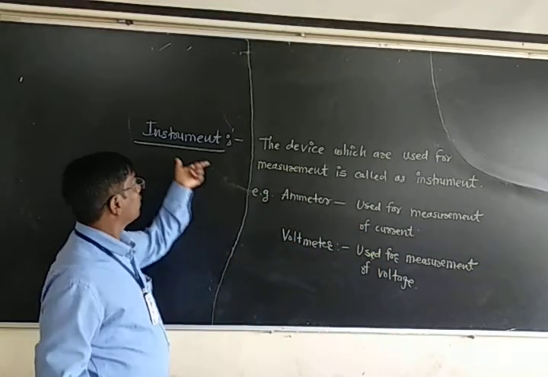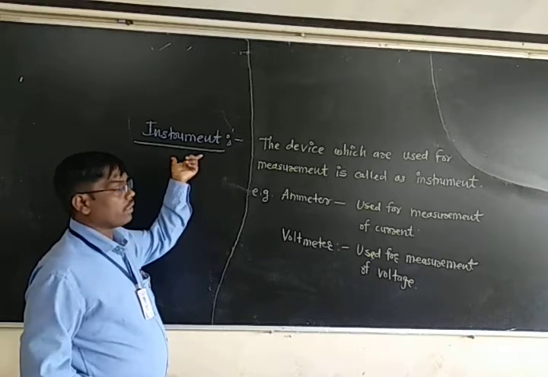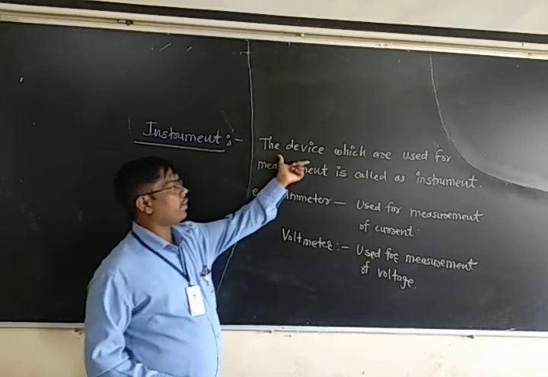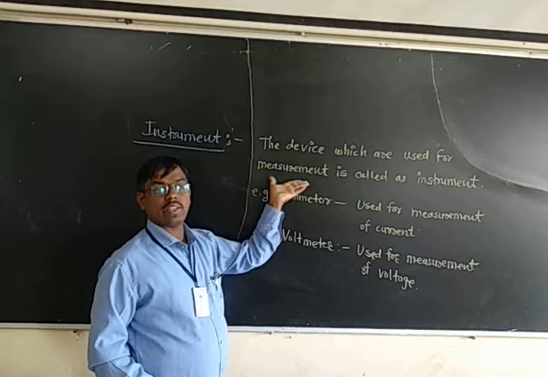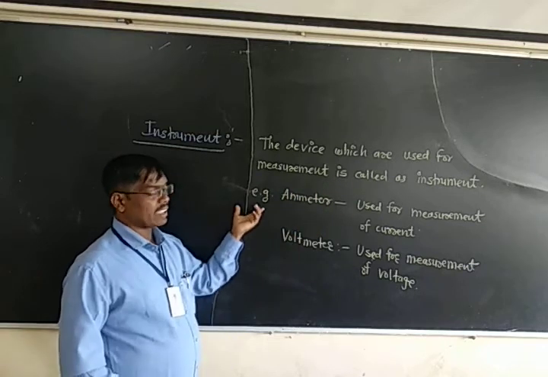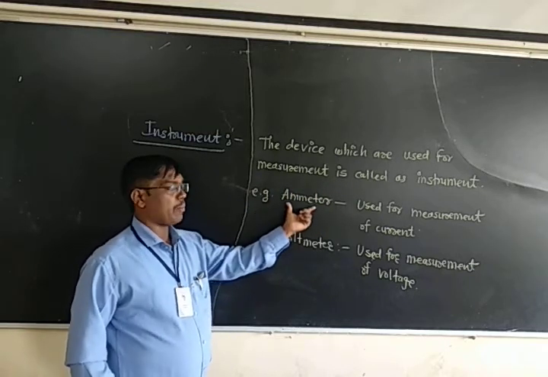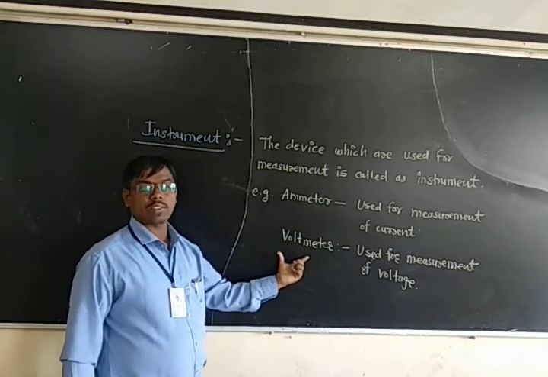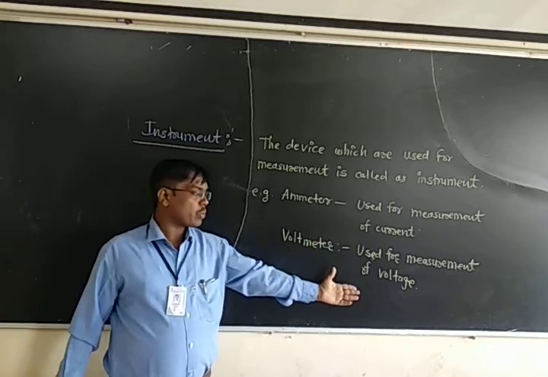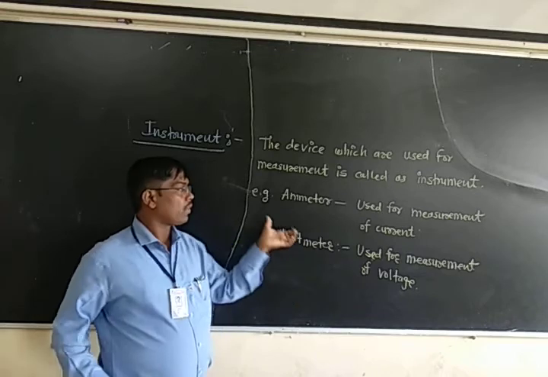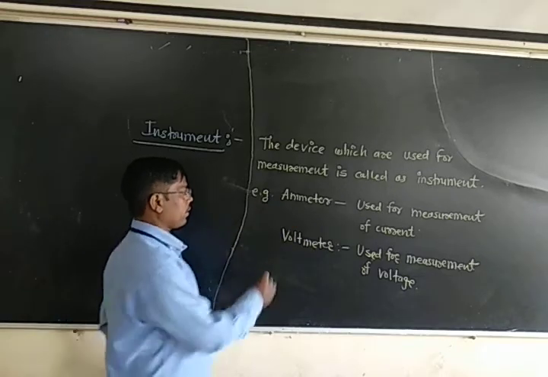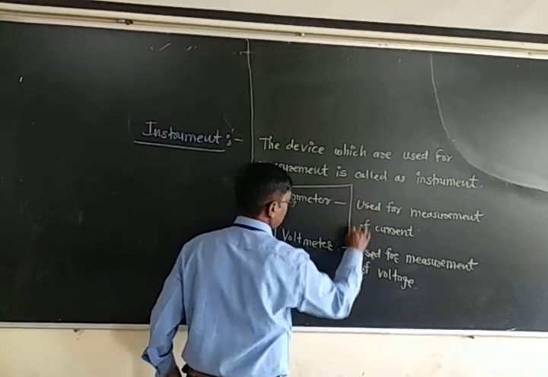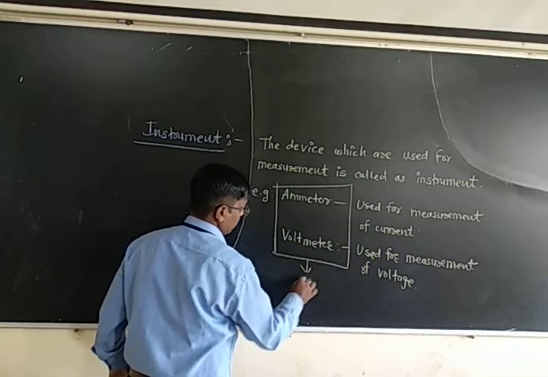So the instrument is defined as the device used for measurement. The examples are ammeters, generally used for measurement of current, and voltmeters, generally used for measurement of voltages. The ammeter and voltmeter are nothing but instruments.